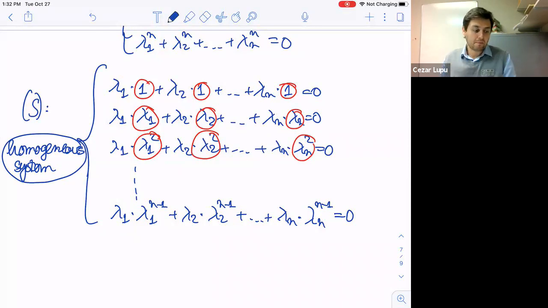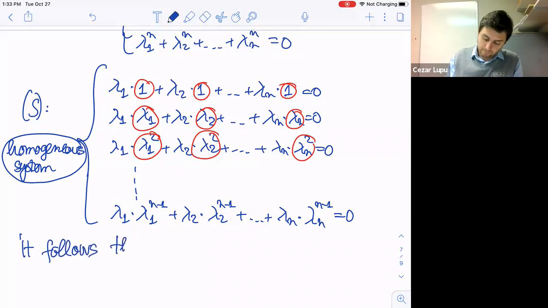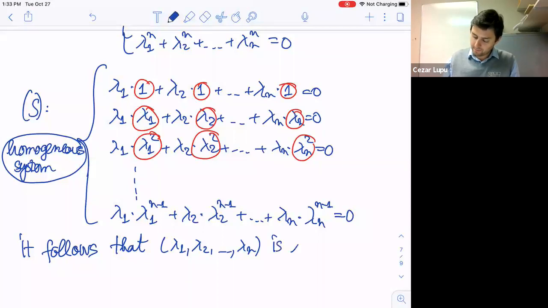Okay. And it follows that this lambda 1, lambda 2, lambda n is a solution of the system S. So when is this a solution of this system?